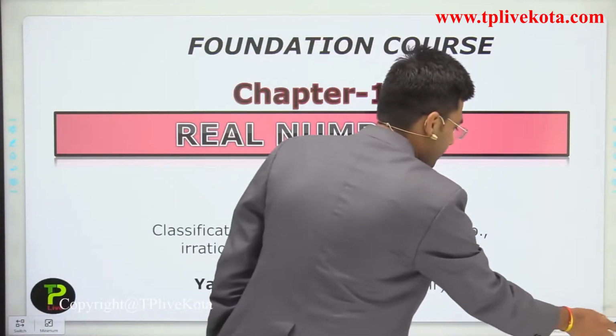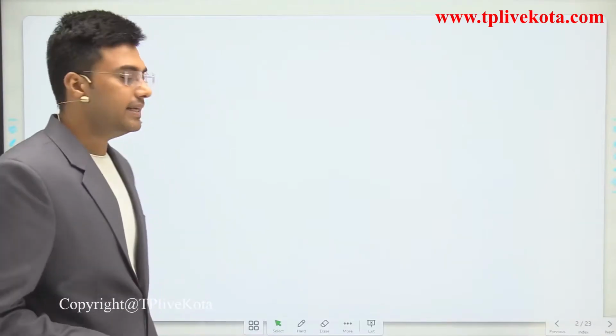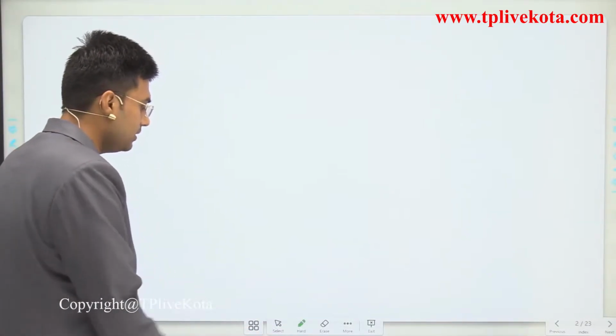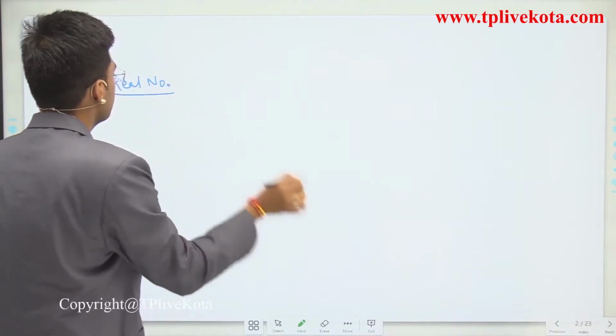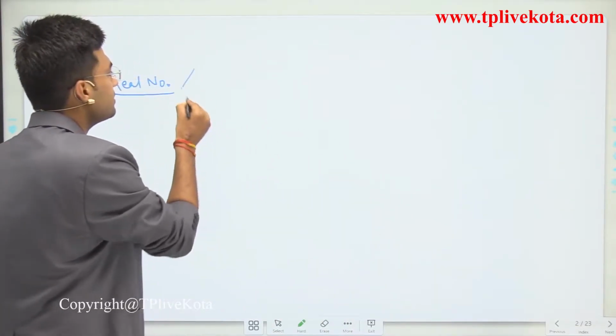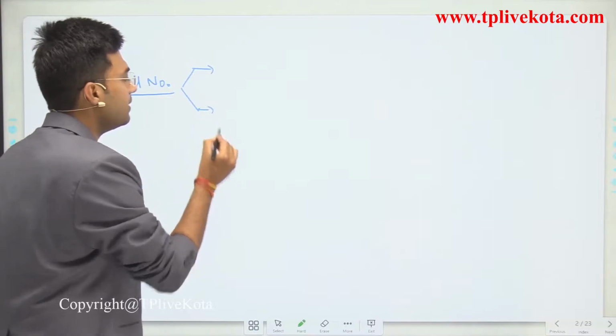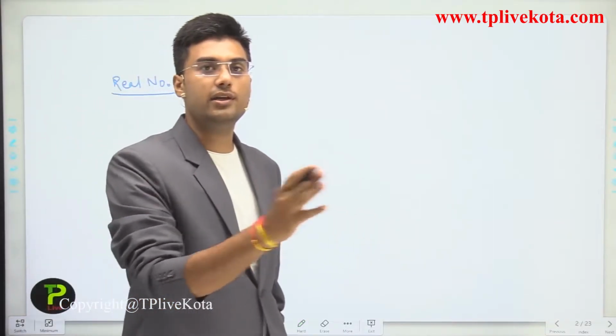Okay. So, in class 9, we have studied that in the last class we studied that real numbers consist of rational and irrational numbers.